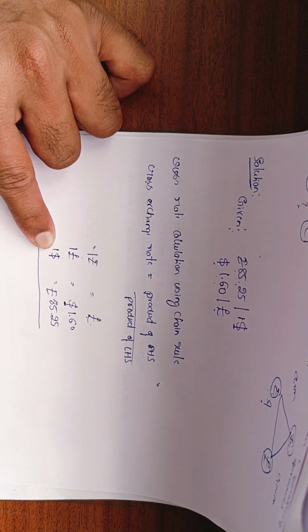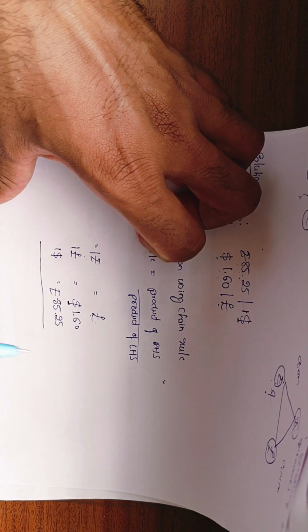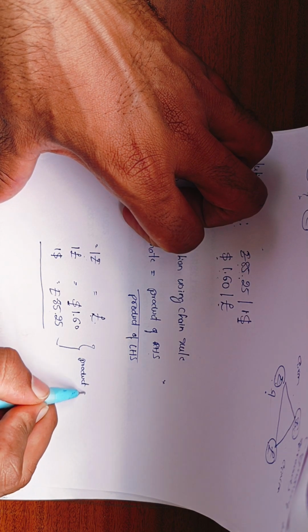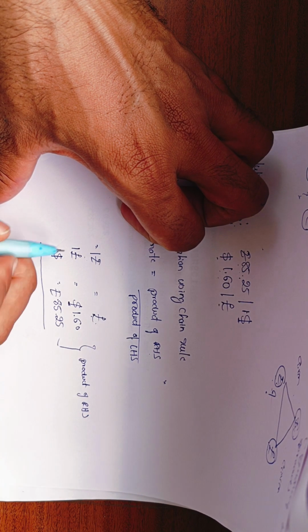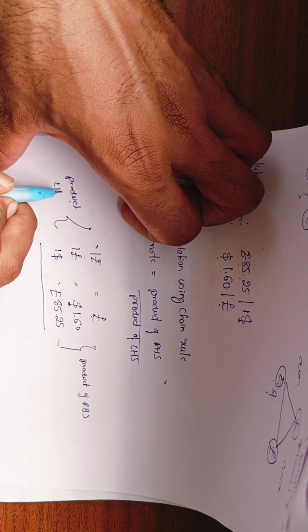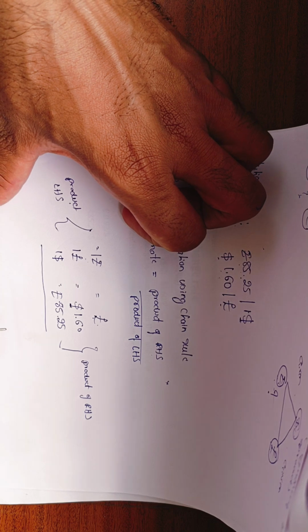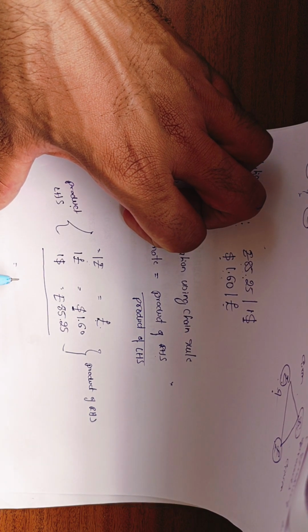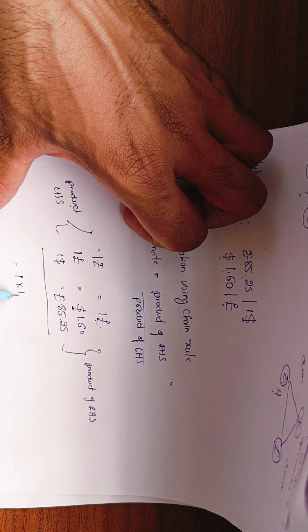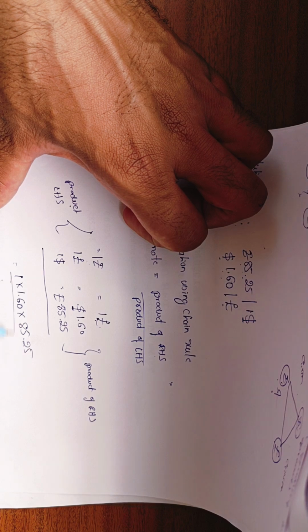Now everything is clear. Then what we need to take? We need to take the product of RHS and product of LHS. Product of RHS equals 1 into 1.60 into 85.25, divided by 1 into 1 into 1, that means 1.